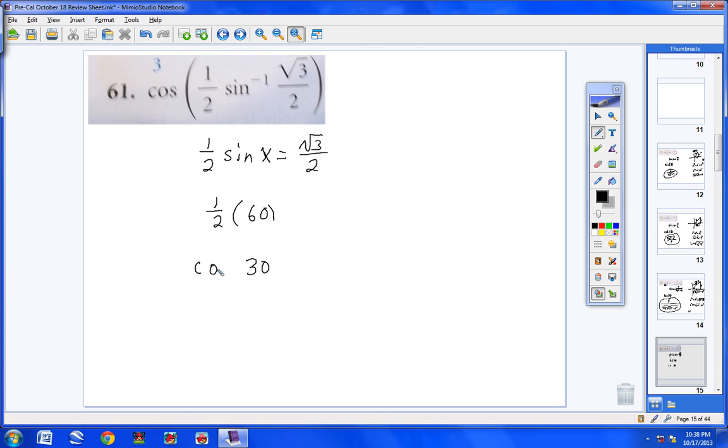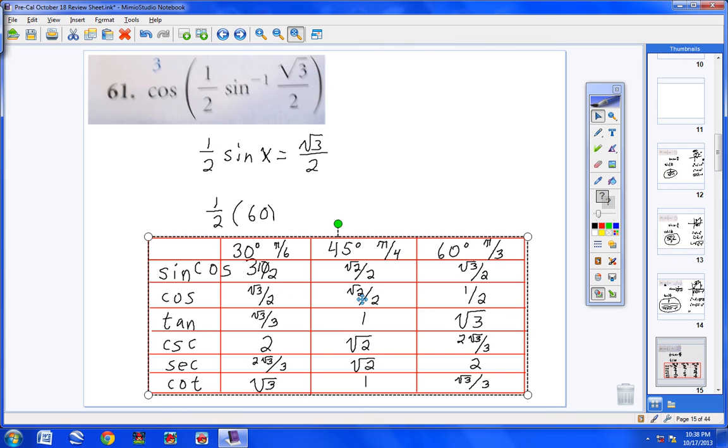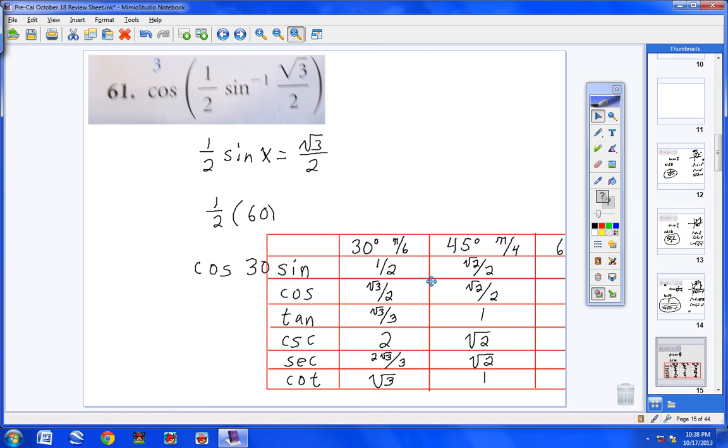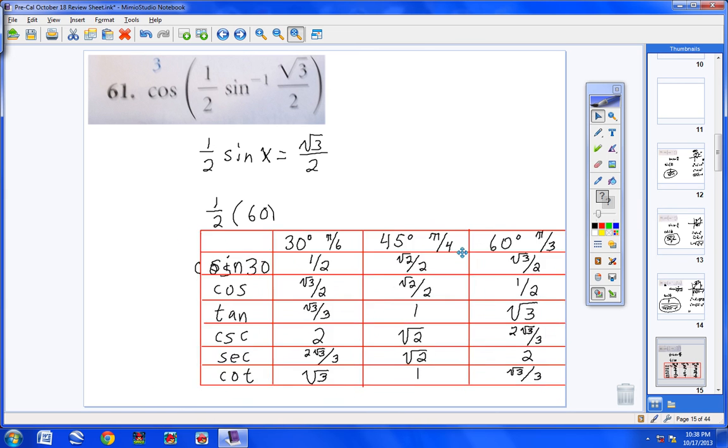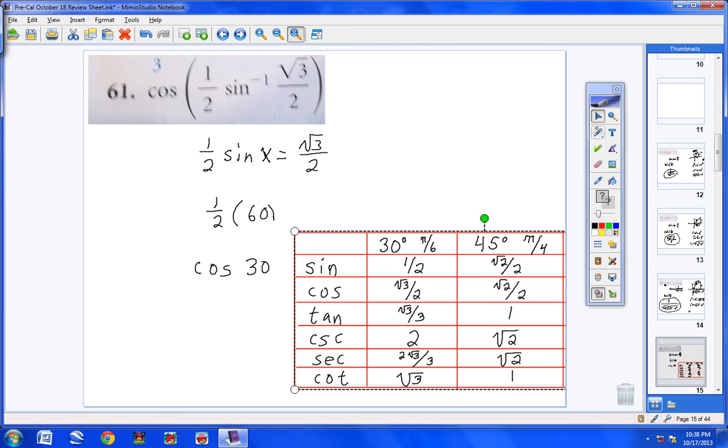So now we have the cosine of 30 degrees. And the cosine of 30 degrees, if I can grab this and pull it over here. Well, definitely didn't mean to do that. There we go. So let's see. The cosine of 30 degrees would be square root of 3 over 2. So 61 would be square root of 3 over 2.